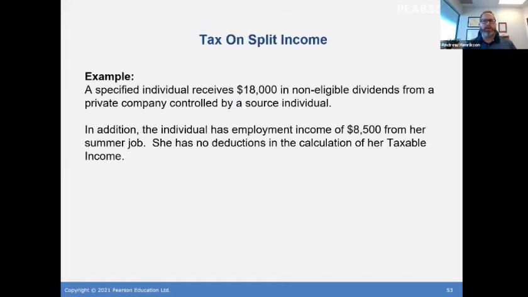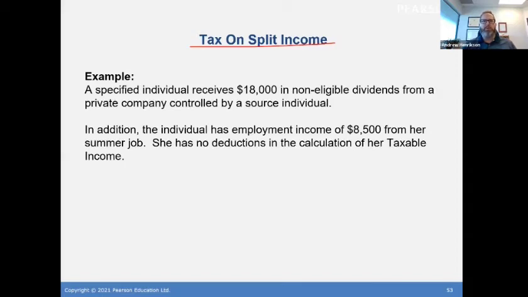So here's a little example to get a little bit of practice on the topic here. So we've got our specified individual. So the specified individual receives $18,000 in non-eligible dividends. So that's our chapter 7 stuff. Remember, we had 2 sets of dividends.